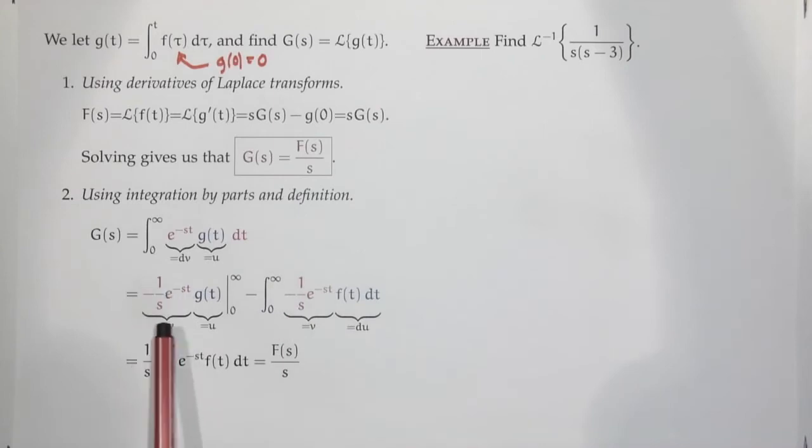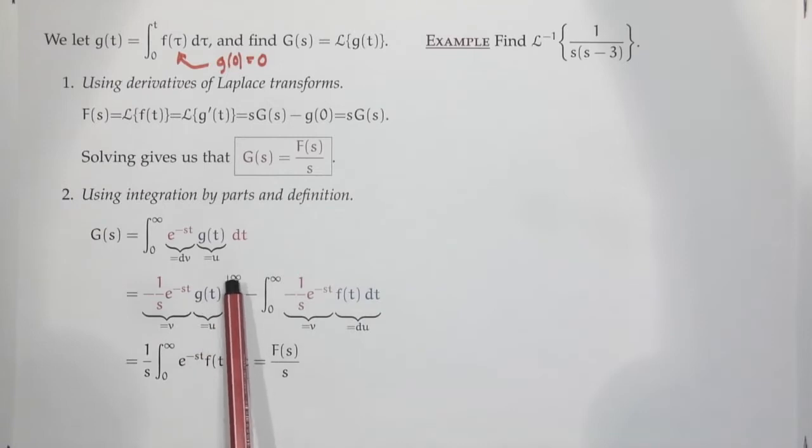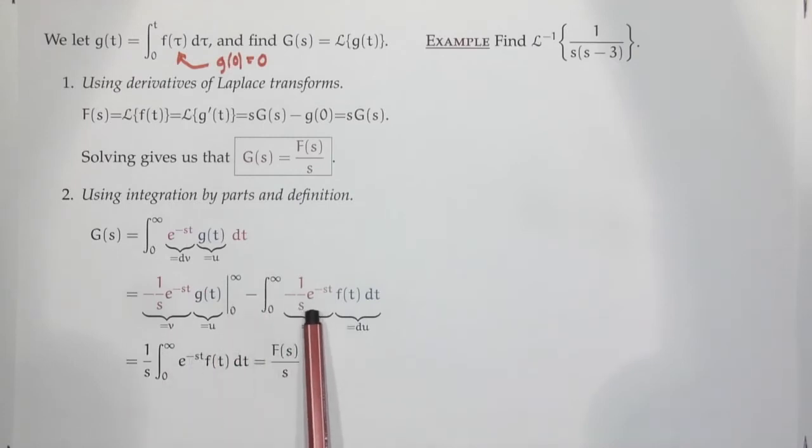So we have uv minus the integral v du. And here, the important thing is the derivative of g is f. And now, when we plug in our bounds, g of 0 is still 0. And when we go to infinity, e to the minus st goes to 0, so that disappears. This minus 1 over s can come out as a plus 1 over s. And then you have e to the minus st f of t on the inside, which becomes capital F of s. So there's another way to derive that result.